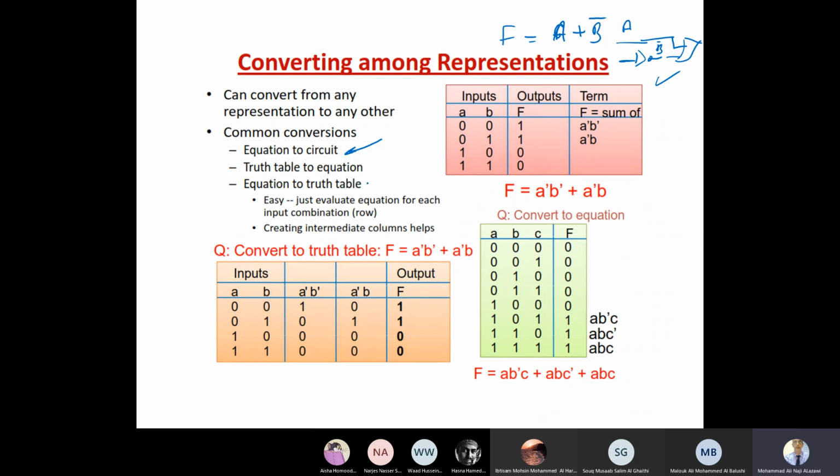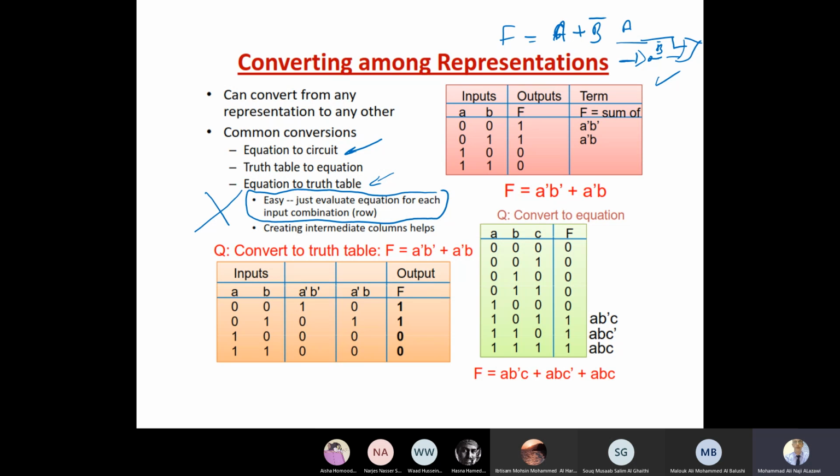Equation to truth table. If you have an equation and a truth table, okay, easy, just evaluate the equation for each input combination. By the way, if you understand this statement, and it's written in most of the books, I'll tell you it's totally wrong. Because what if you have four variables?